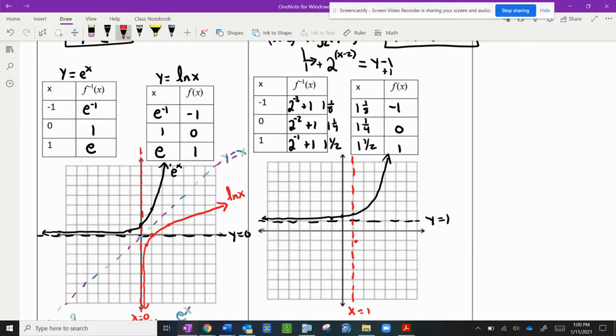And then 1 and 1/4, 0. And then 1 and 1/2 and 1. The best I can, those numbers kind of get. And it's going to look something like this with my reflection line across y equals x.